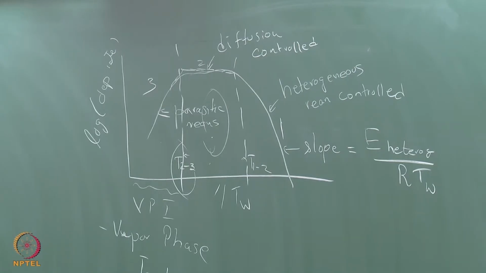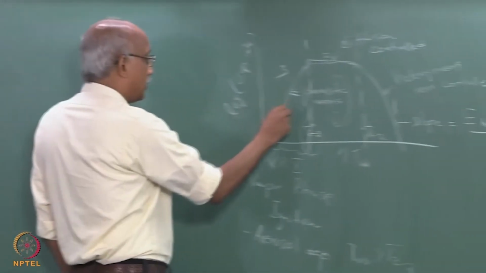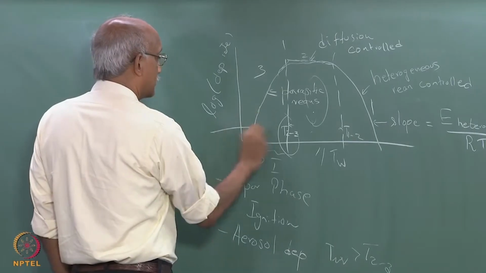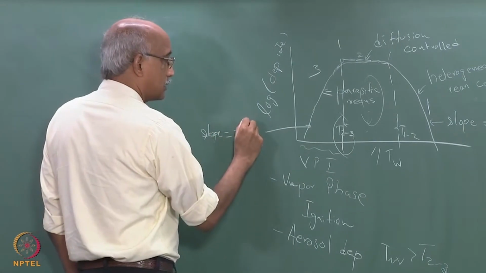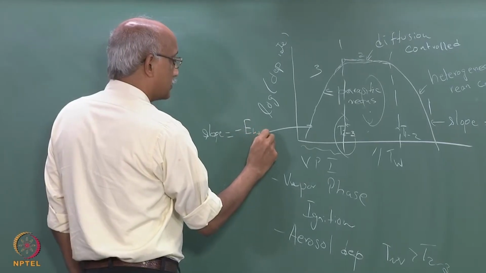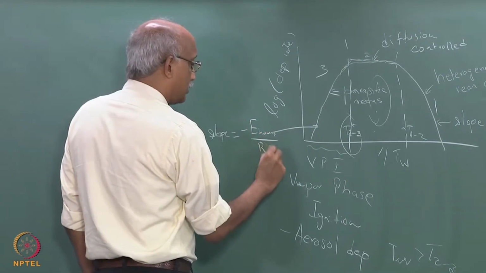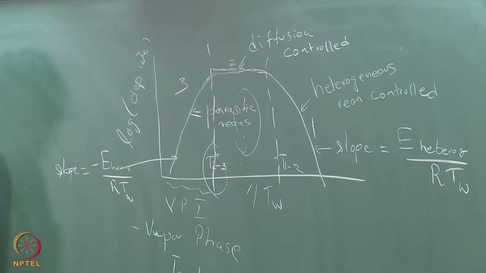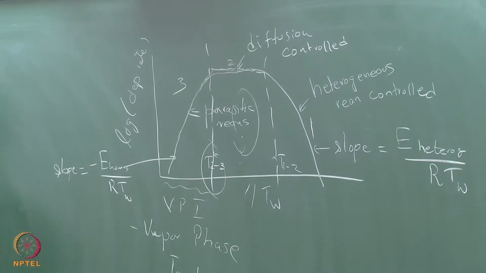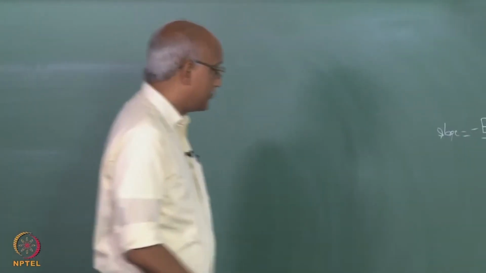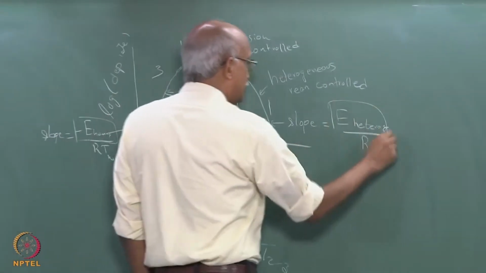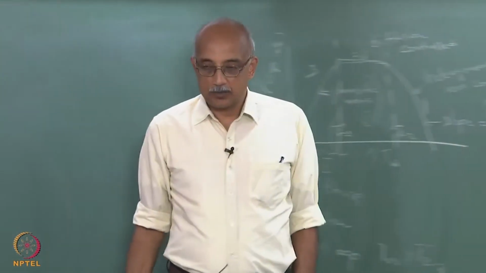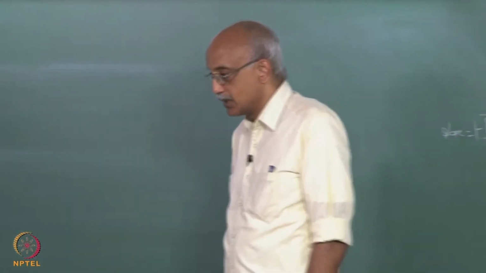And similarly, here the slope is some minus E homogeneous over R TW. This is a negative activation energy because as temperature increases, deposition rate drops, right. So, these are obviously important parameters, the activation energy for the homogeneous reactions and the activation energy for the heterogeneous reactions.